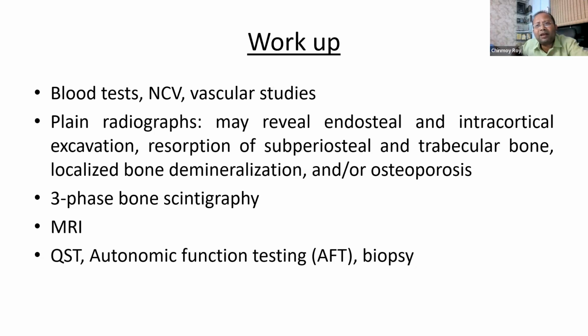So there can be a fracture, or a severe episode of CVA, ischemic or hemorrhagic. But these types of events are commonly related to CRPS patients, like wrist fracture, ankle fracture, they are very commonly associated with CRPS.